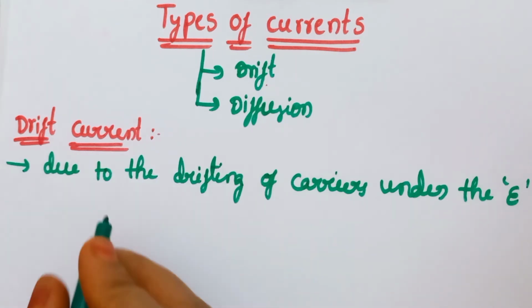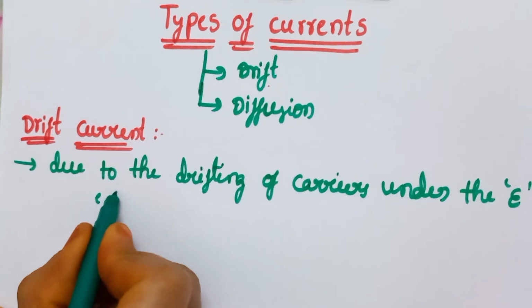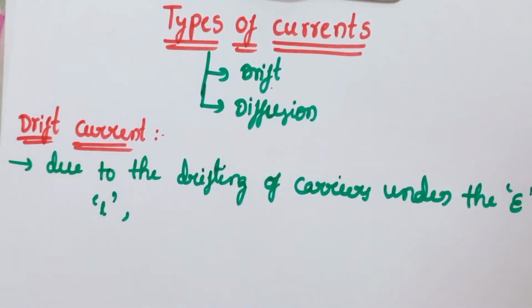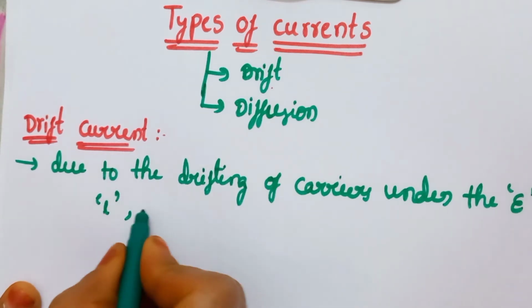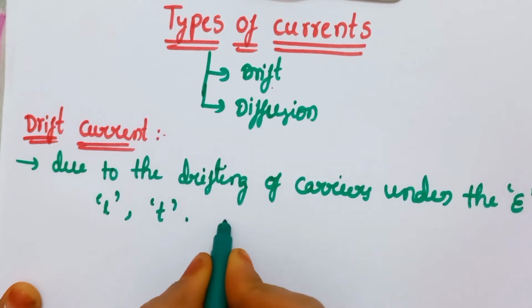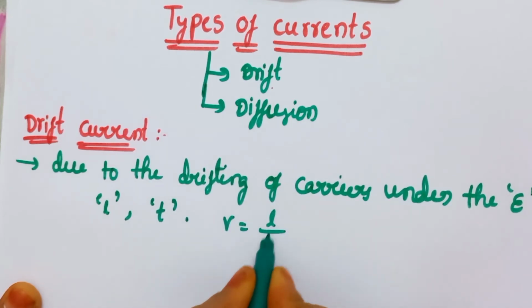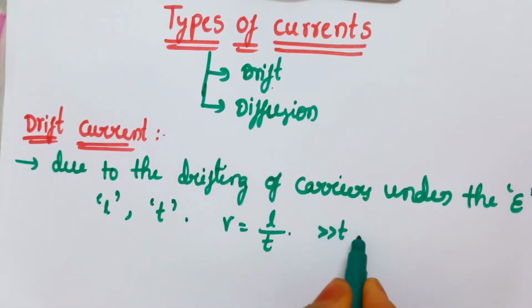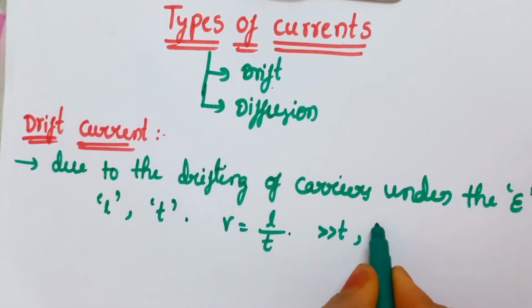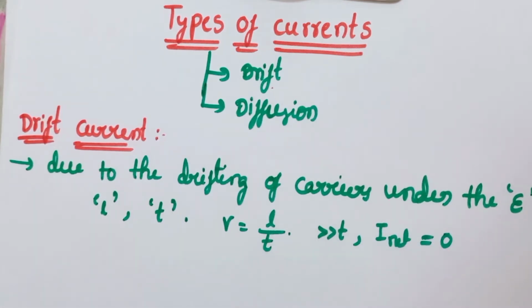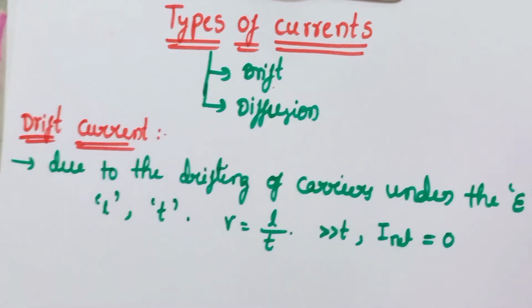Such a random motion is defined by the mean free path length L, the distance a carrier travels between collisions, and the time taken between collisions is denoted by T. So, the average velocity V is equal to L by T. Over a period of time far greater than T, the average movement or net current I net is 0.